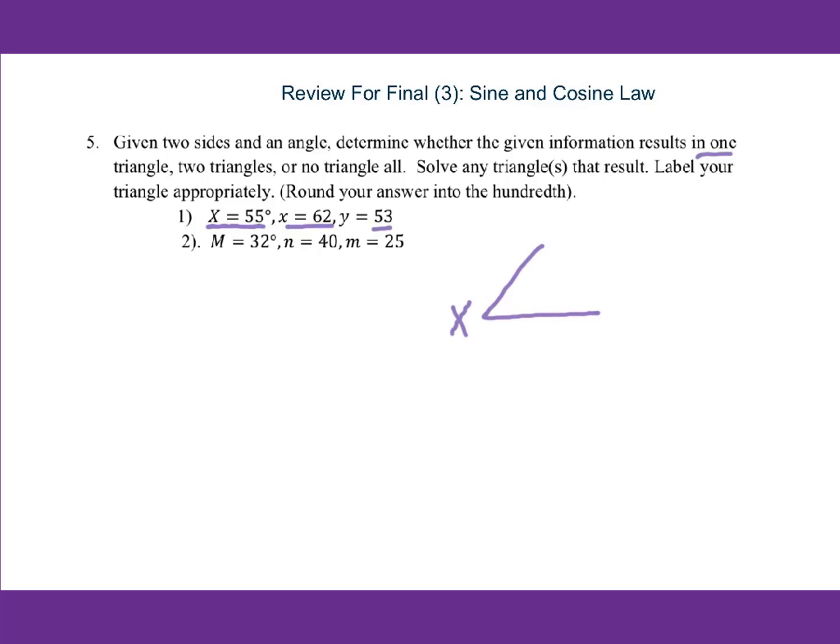Then we're looking for, first of all, the angle y, so we put the angle y here. Then connect these two. We got z. Angle x is 55 degrees, we got this 62, and y is 53.